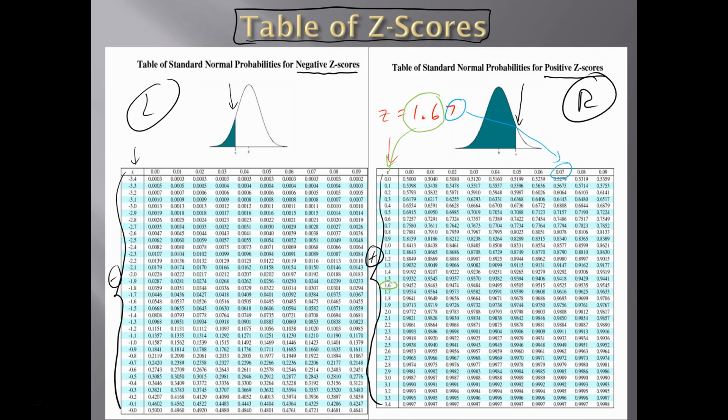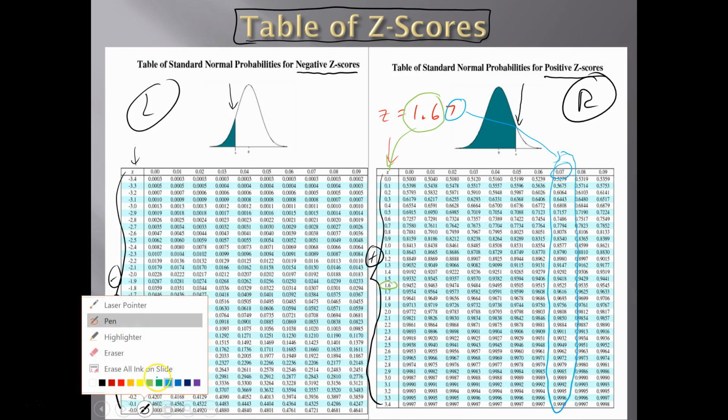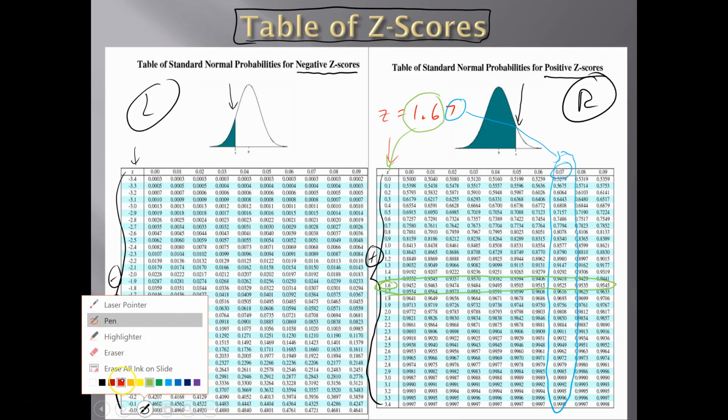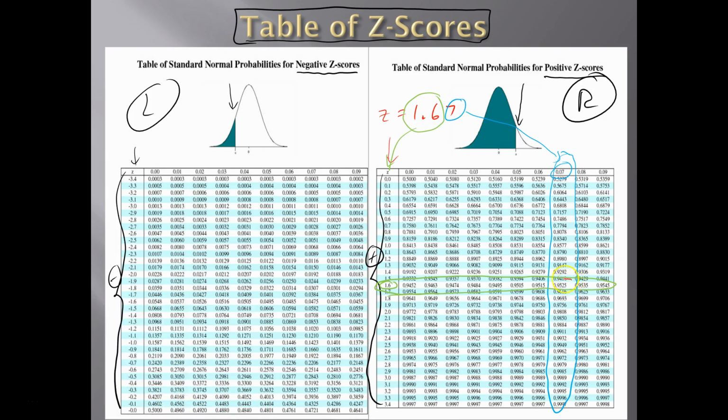So what I need to do is find where this column, the 0.07 column, and this row, the 1.6 row, where do those collide? Okay? And if you look at them, they collide right here.